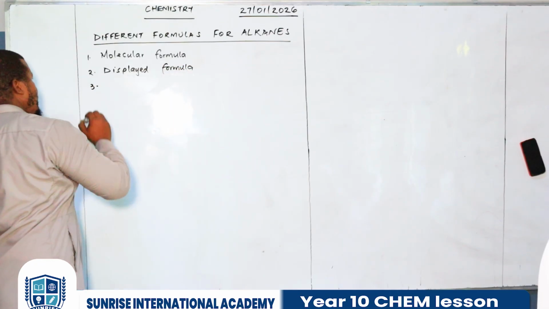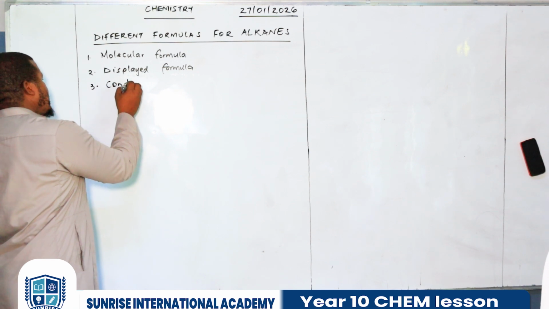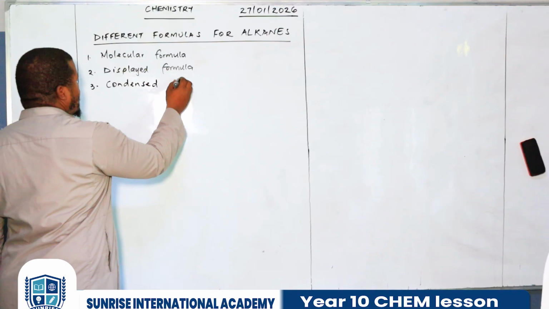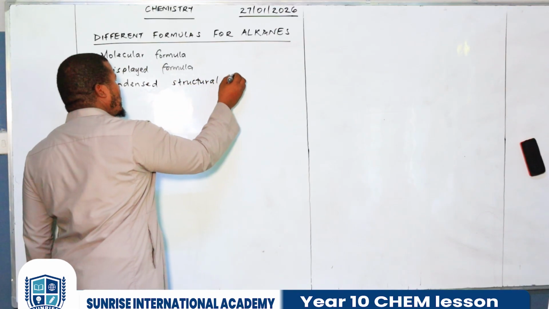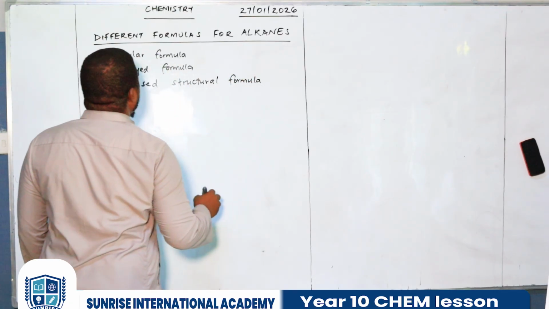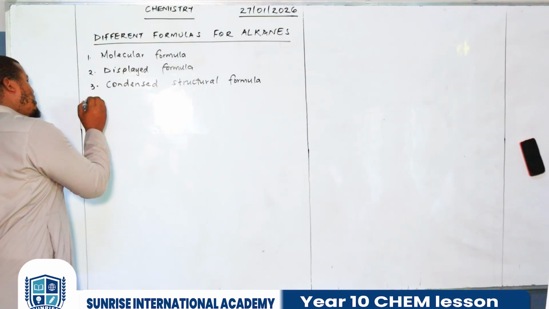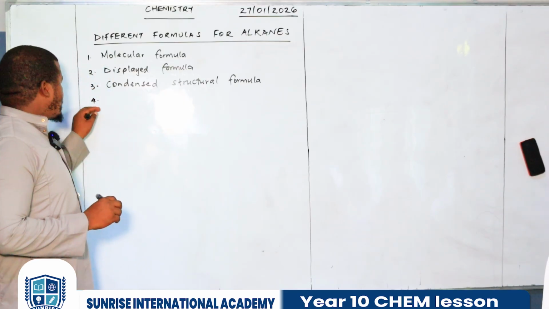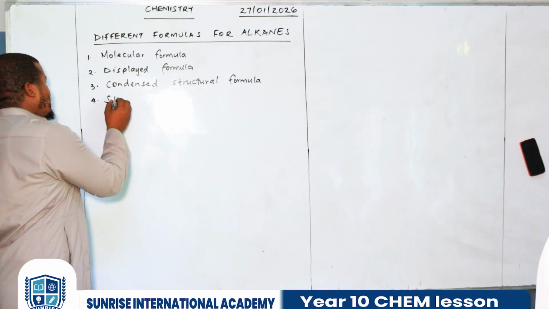Number 3, we are going to look at condensed structural formula. And then, just in passing, I'll touch on skeletal formula, though this one you're going to meet a bit later. Let's look at skeletal formula.